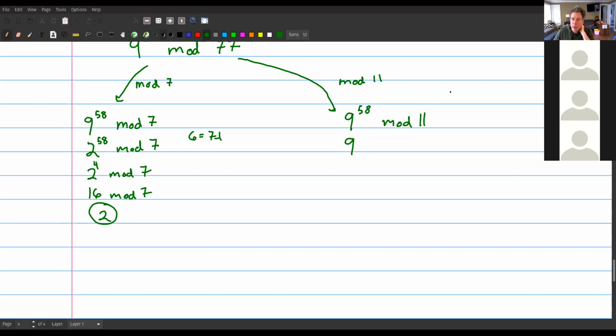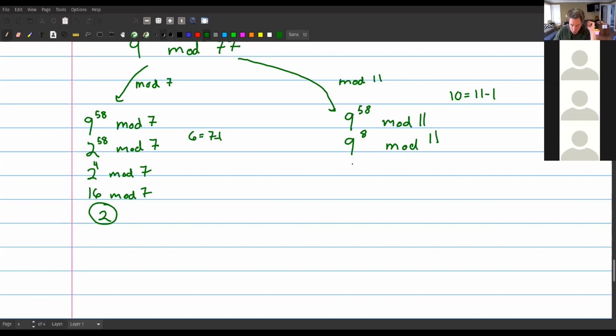You look at it, 10 is 11 minus 1, and all that matters is the exponent mod p minus 1. So what is 58 mod 10? 8. Yeah, 8. So this is the same thing as 9 to the 8th mod 11, which takes a little bit of work to figure out.